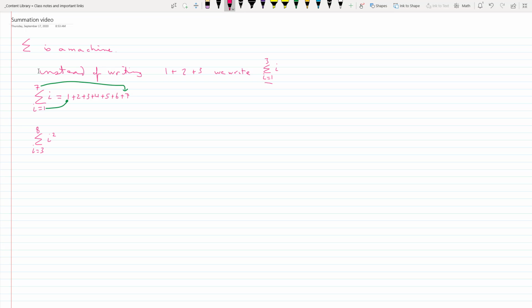So this time you're not summing I, you're summing I squared. And so it becomes 3 squared plus 4 squared plus 5 squared plus 6 squared plus 7 squared plus 8 squared. So you include the maxima. And again, we have the 8 as the maxima and the 3 is the minimum.